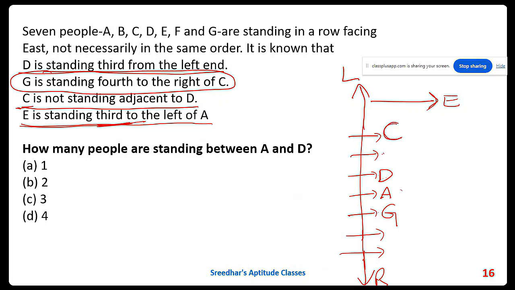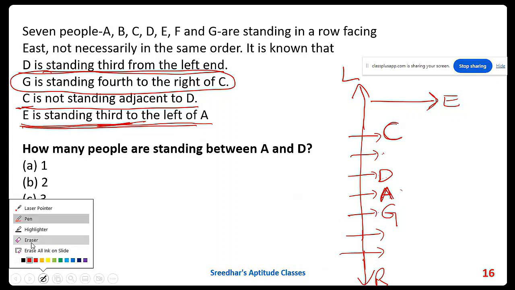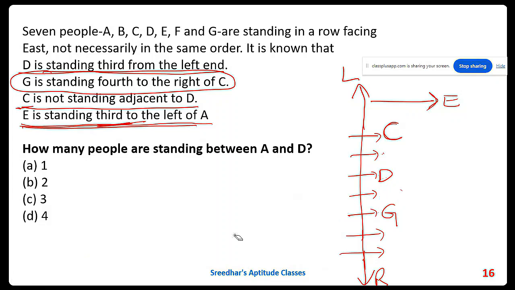Third to the left of A is C. So if I take A here, I cannot take E as third to the left because there is no vacant place. So this is not a possible place for A. Next, if I take A here, then 1, 2, 3, third to the left is also not vacant again. D is sitting. So I cannot take A there also.